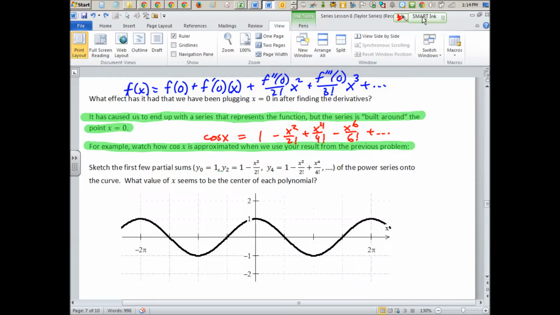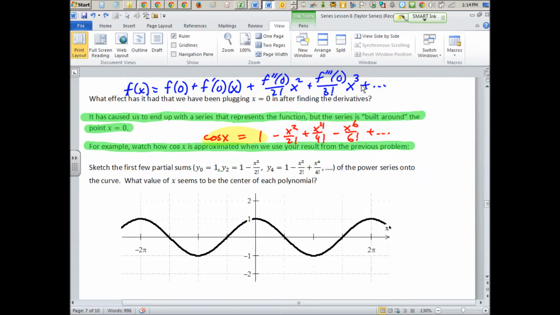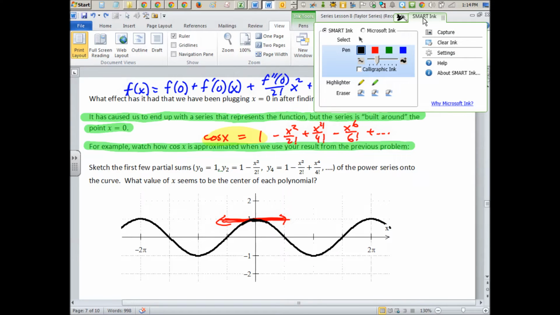Right? If you graph just the first term right here, cosine x equals 1, it looks like this. Does that look anything like the black curve? No. Well, maybe if you're near 0, right? If you're really close to 0, actually they do look quite similar. Okay? Let's use the first two terms.